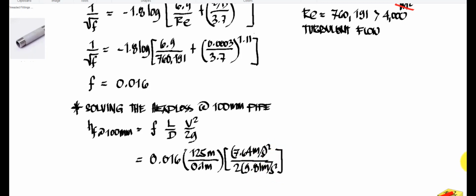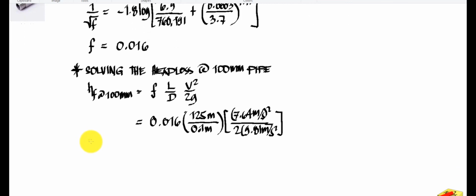So we have now your HF at the 100 mm pipe is equal to the head loss, which is equal now to 59.5 meters. So let's cancel the units. This one, this one, this one, and this one will be cancelled out.